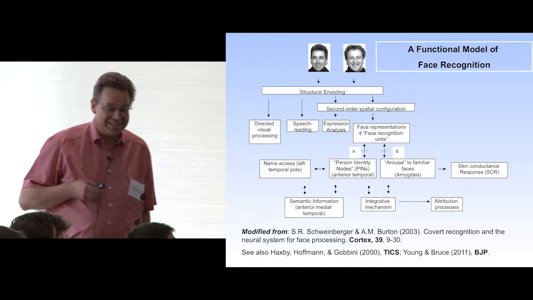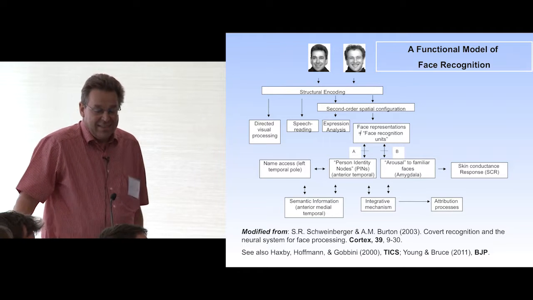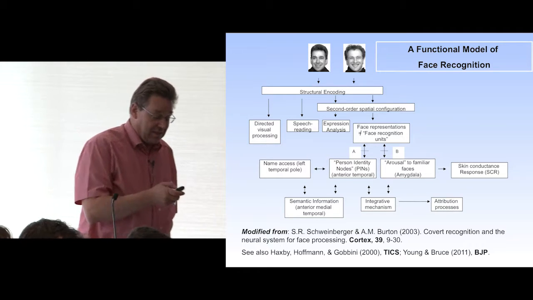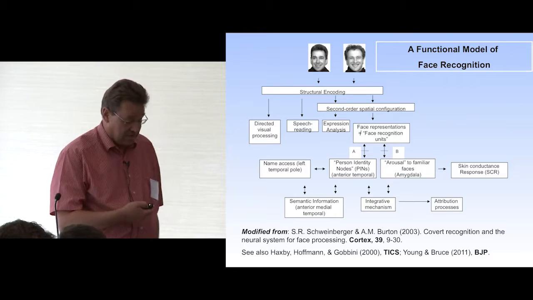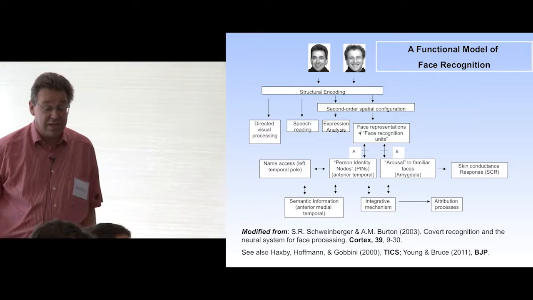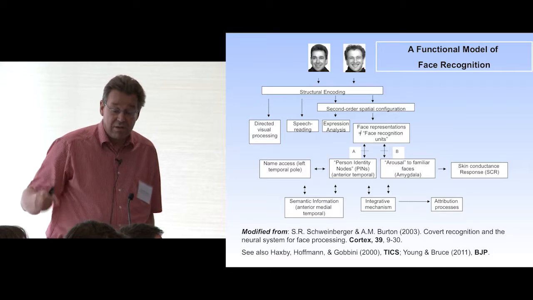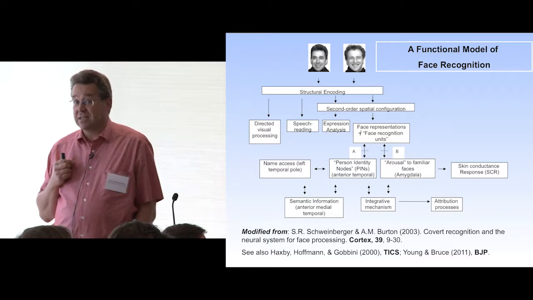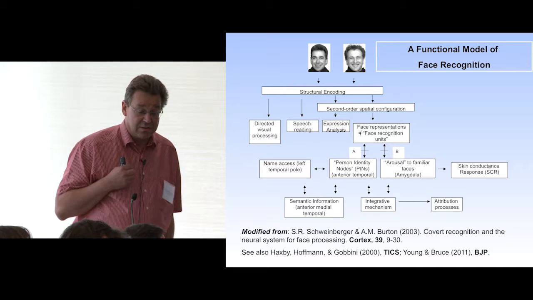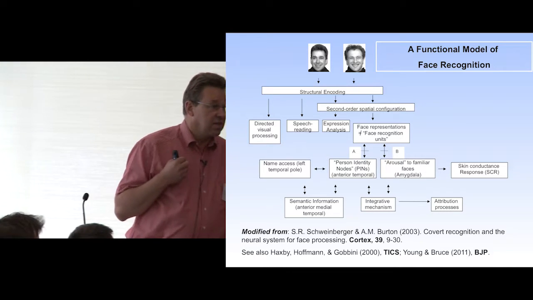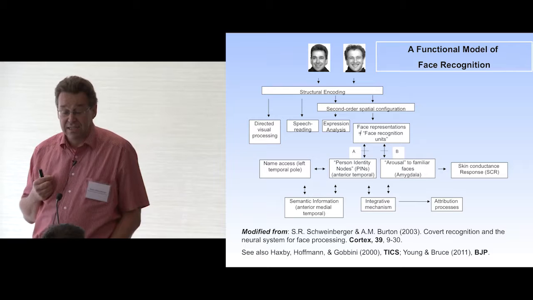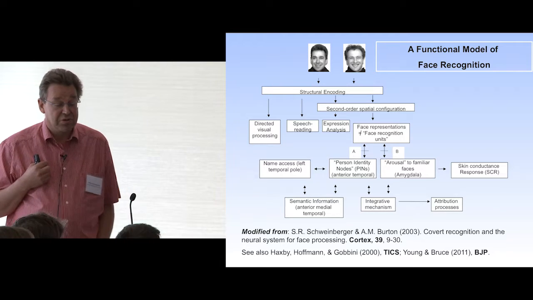Better? Okay, thanks. So recognizing someone by their face is a rather complex multi-component process, and I just want to make a very general point here. In the old days, when I started event-related brain potentials research, it was common to think of an ERP component as reflecting a specific mental subroutine.